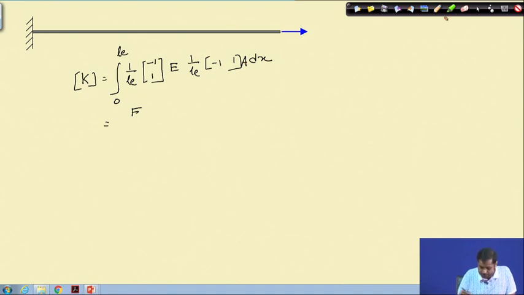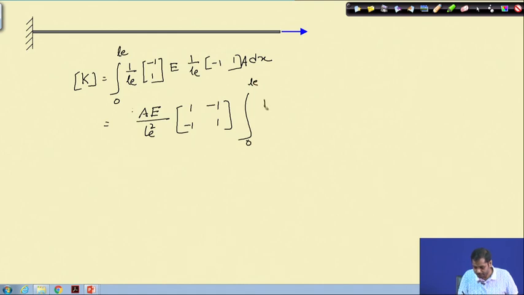Now we can take the constants out. By now you might have understood what expression we are going to get: A E by L_E squared, then the matrix 1, minus 1, minus 1, 1, and the integration from 0 to L_E of dx. This essentially gives you k equal to A E by L_E times the matrix 1, minus 1, minus 1, 1.